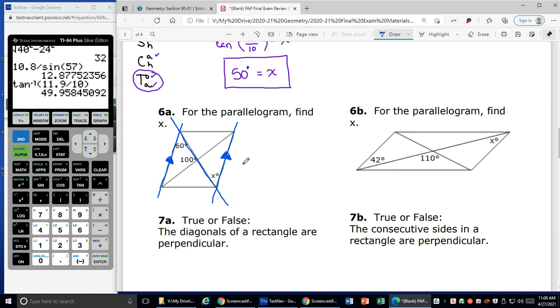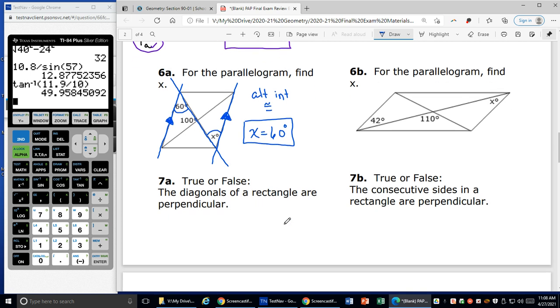If I look at just the part that I highlighted, I have this 60 and this x are alternate interior angles. And if I have parallel lines, my alternate interior angles are congruent. So that means if one is 60, the other is also 60. So x equals 60 degrees.